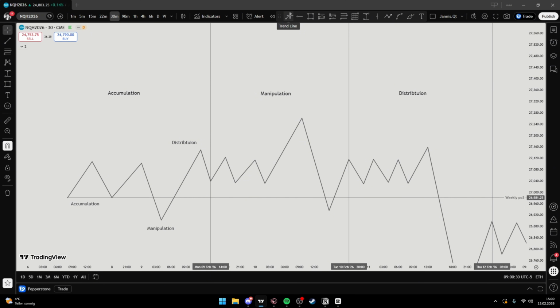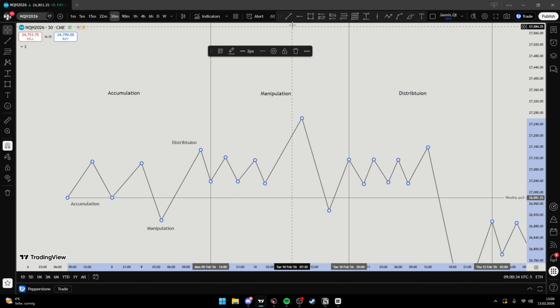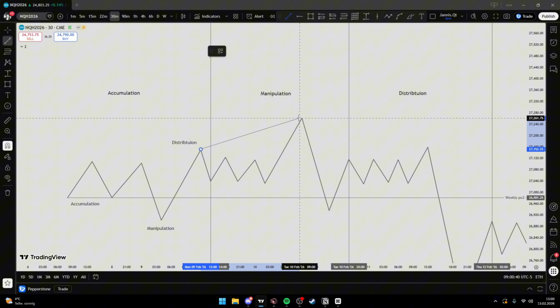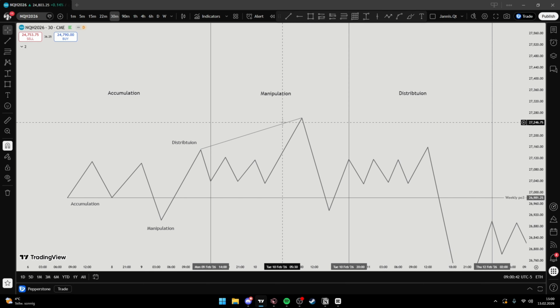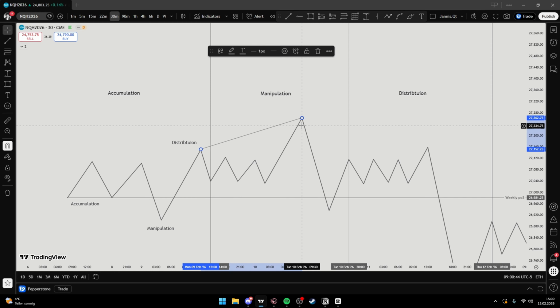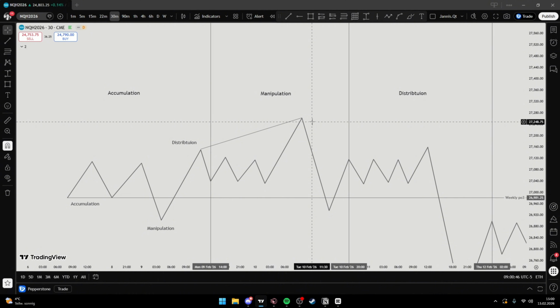But let's say you have a manipulation and no SMT connected to the high or the low, that is not our high time frame manipulation for the week. We always have an SMT on the manipulation high slash low. Trust me, guys, we always have. On every real reversal there is an SSMT or SMT.